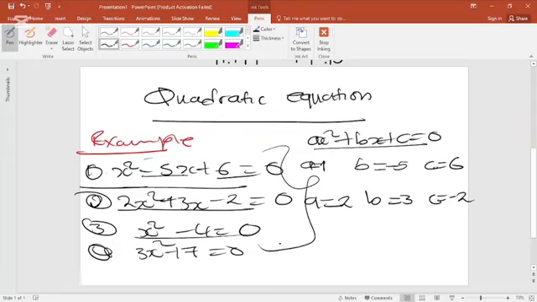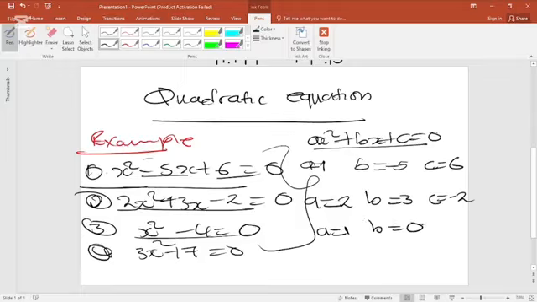Now when you come to these, we may see properly that our A is 1, though we don't write it. Our B is 0. We don't have B here, because B is the coefficient of x.